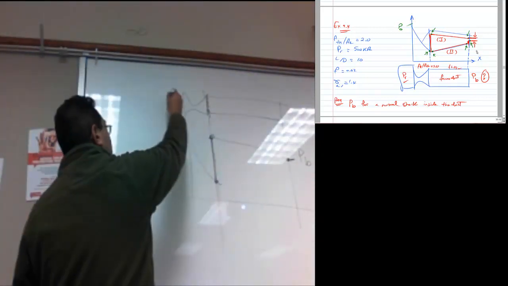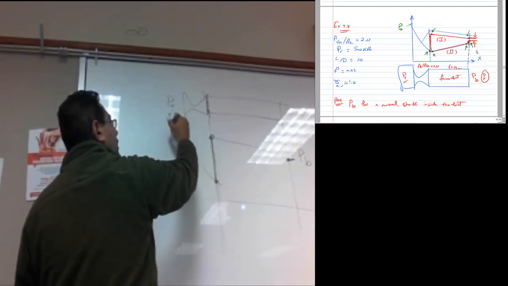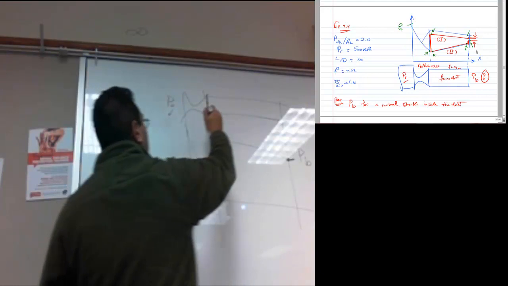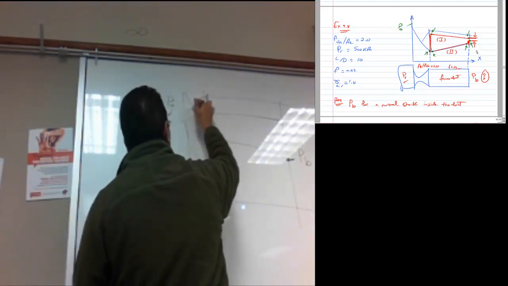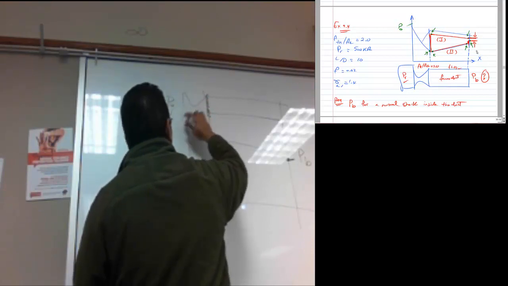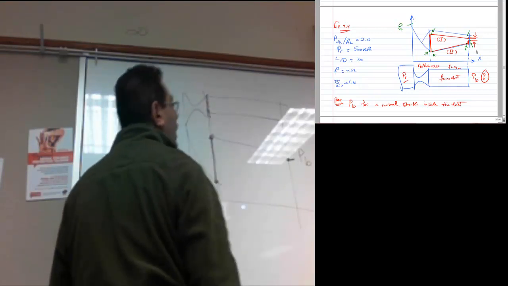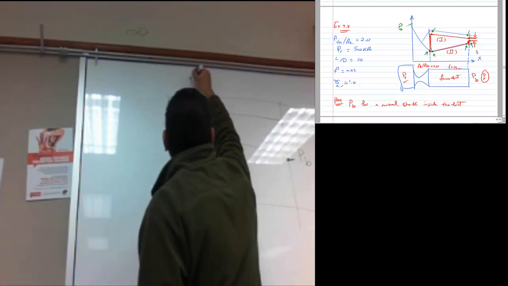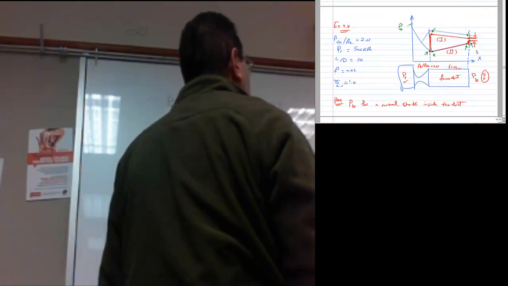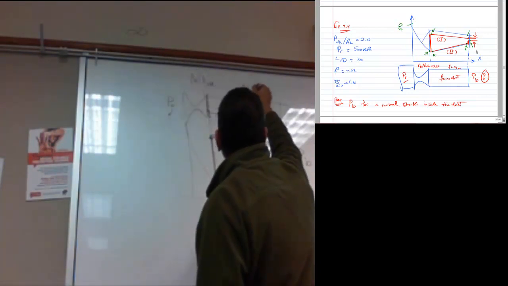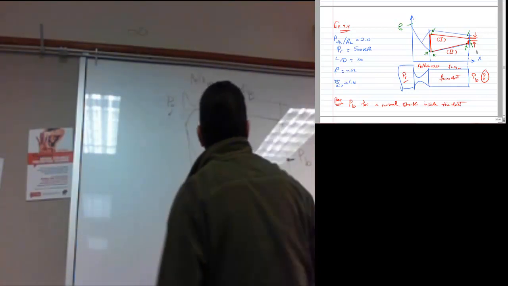What are we given? P note, and the nozzle here, the area exit over area star is given to us, and Fn over V is also given.